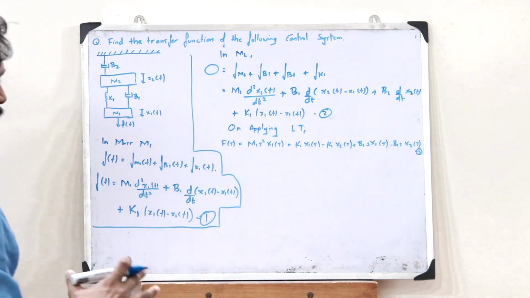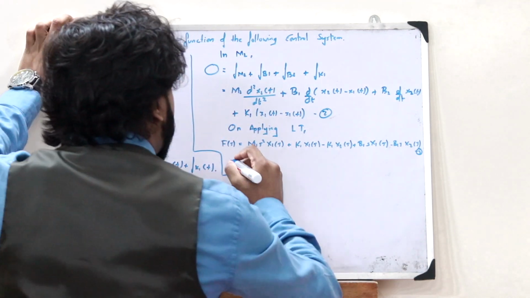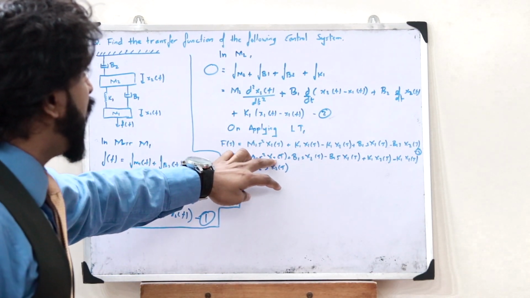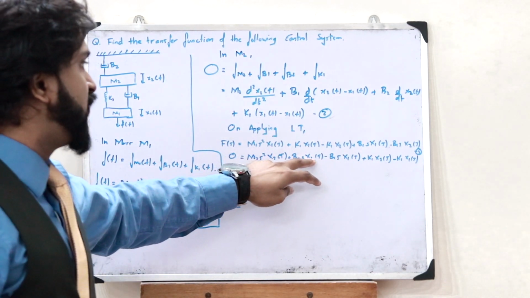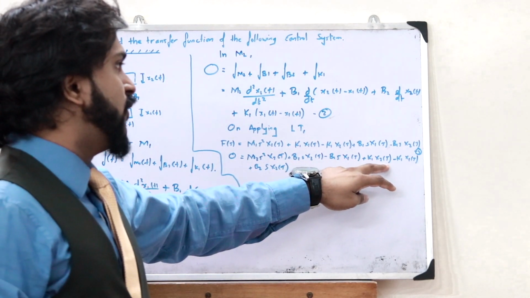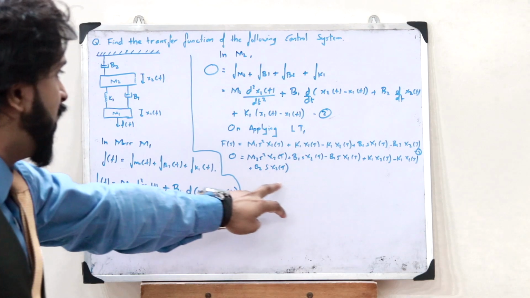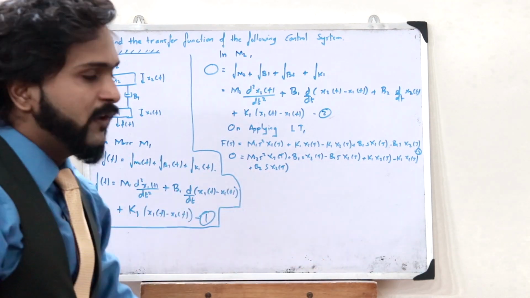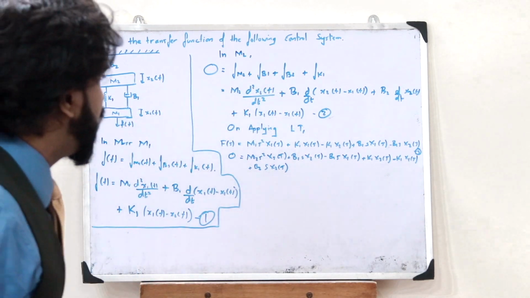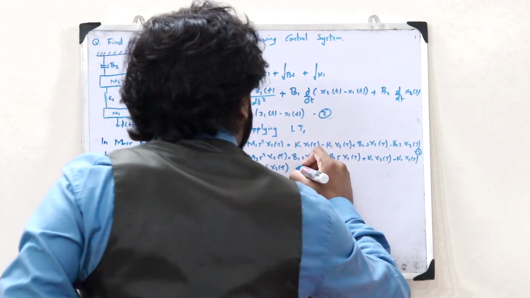Now applying Laplace transform on this particular equation, we would get 0 is equal to m2 s squared into X2 of s plus b1 s into X2 of s minus b1 s into X1 of s plus k1 X2 of s minus k1 X1 of s plus b2 s X2 of s. Simple. This is just simply applying the Laplace transform on this particular equation. So let us take this as equation number 4.